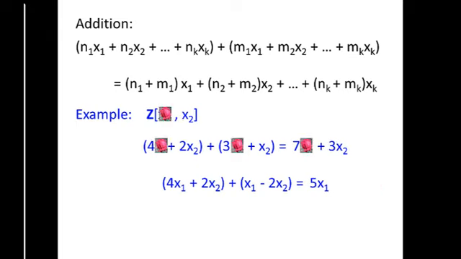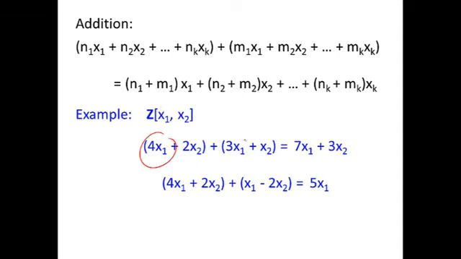Whether I'm adding 4 roses and 3 roses, or 4 x1s and 3 x1s, I still get 7 of that object. Thus, 4x1 plus 2x2 plus 3x1 plus x2 gives us 7x1 plus 3x2.